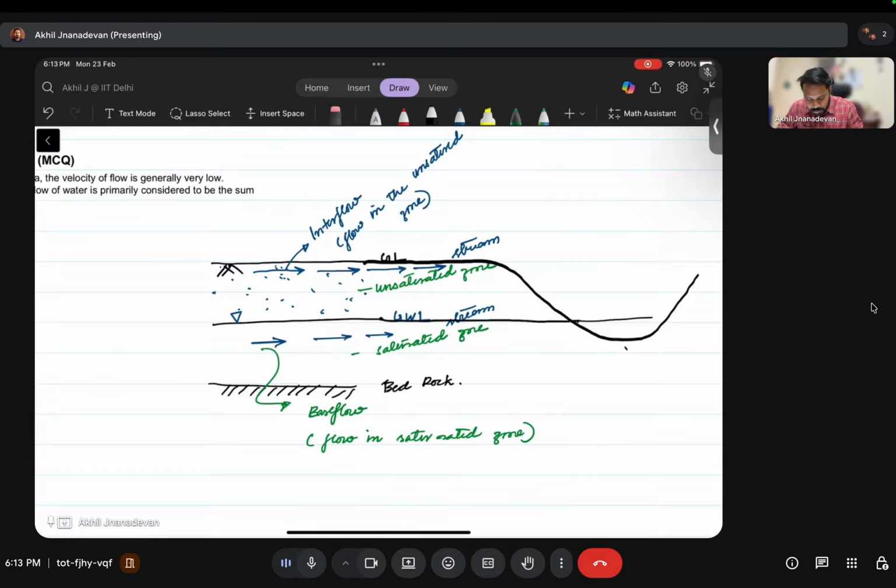So here it will be meeting the river. This particular flow that meets the stream is called the groundwater flow or the base flow. And this particular flow along the surface, following the elevation of the terrain, is called the interflow. These are a couple of different fluxes that are there in the subsurface.